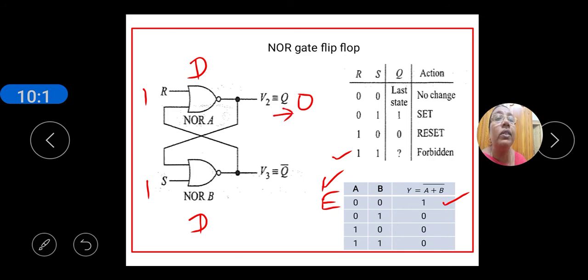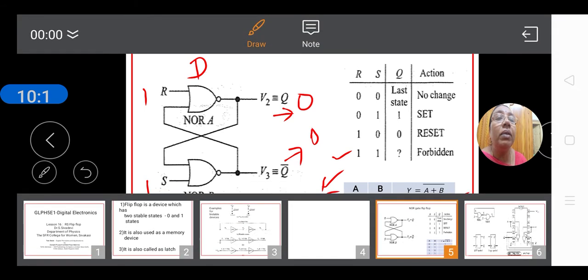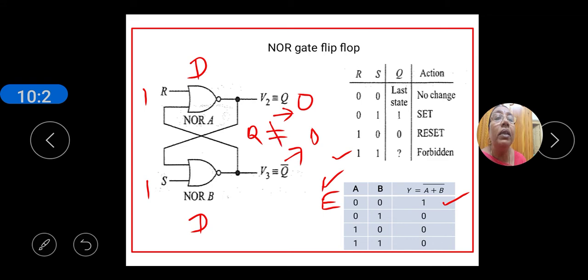But Q cannot be equal to Q bar. Since Q cannot be equal to Q bar, we should not allow this state. So we call the state illegal. We have to avoid the state. The state is called forbidden state.